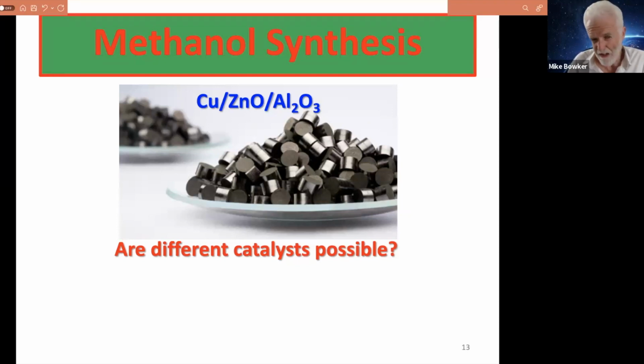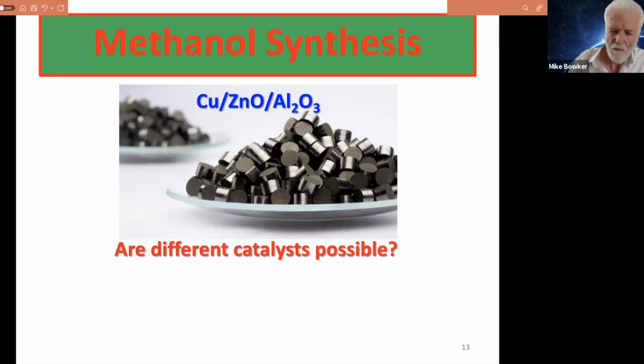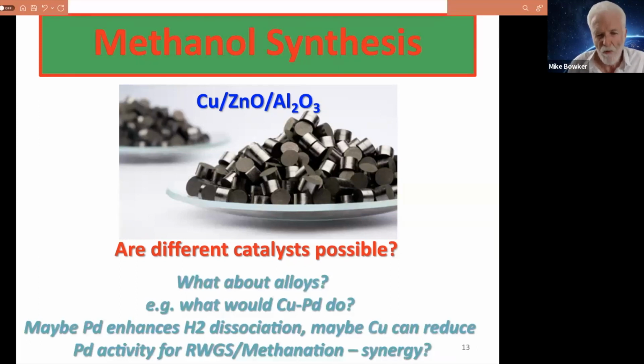And by using a sulfur scrubber at the front of that bed, we're able to produce methanol very efficiently in low temperature, low pressure processes. So what we're interested in is, are different catalysts possible for, in particular, CO2 hydrogenation? I'll say a little bit more about the industrial process in a minute, but obviously we'd like to make methanol from CO2 and hydrogen if we can.